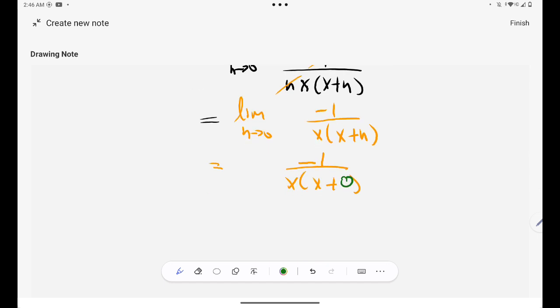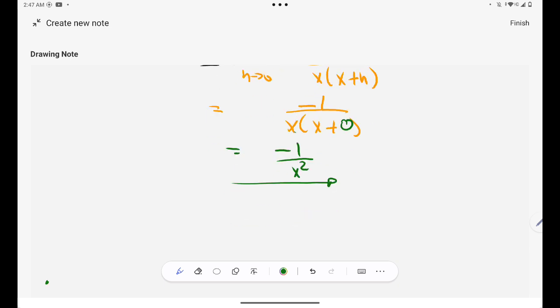Plus 0. And then I'll be left with negative 1 over x times x. I'll get x squared. That's how my answer should be. Are we together? So whenever I'm given a fraction, this is how you should answer.